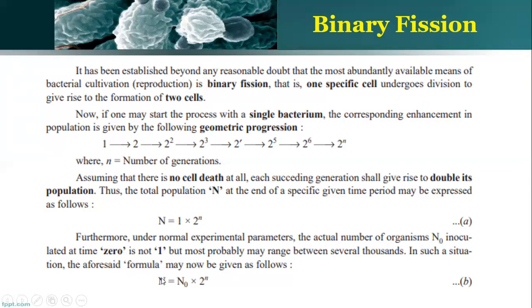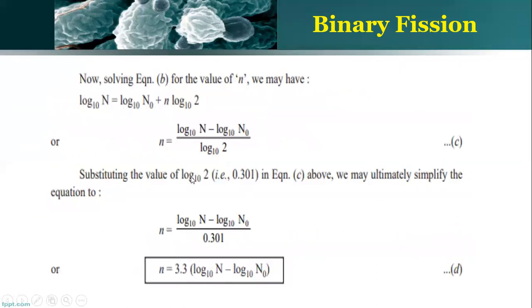So, the formula has been written as N, the total population, is equal to the initial population into 2 power n. Now apply the logarithms on both sides. So log base 10 N, that is log of total population, is equal to log base 10 N naught, that is log of initial population, plus n log base 10 2.